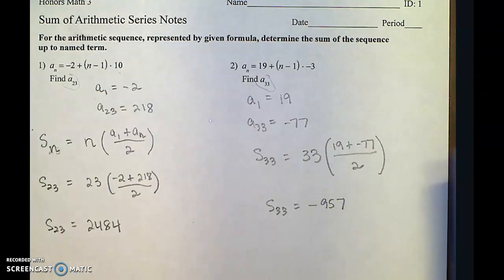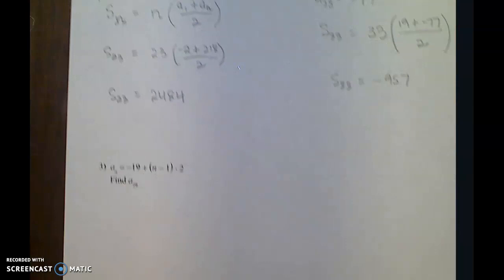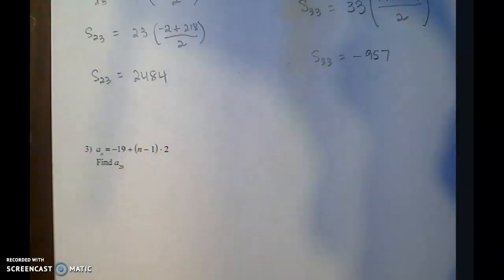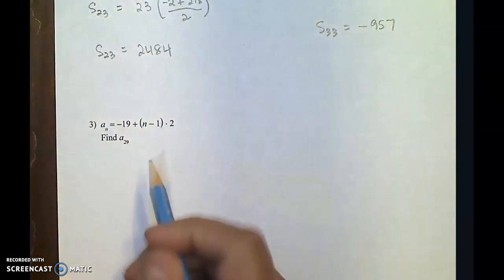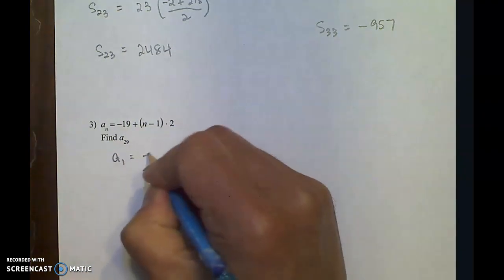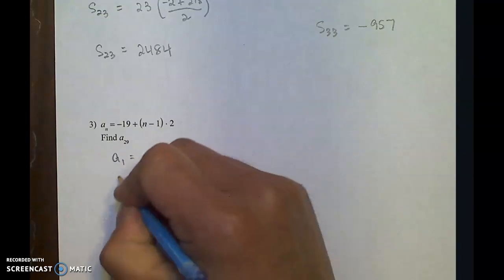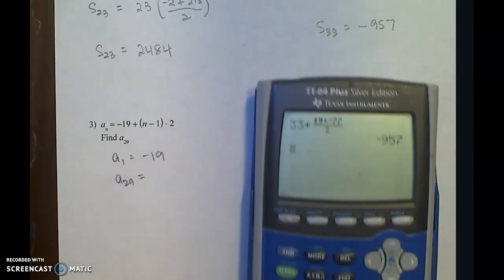Okay. All right. One more example. Here again, we want to find the sum of the sequence terms up to the 29th term. So the first term is negative 19. Let's calculate the 29th term.